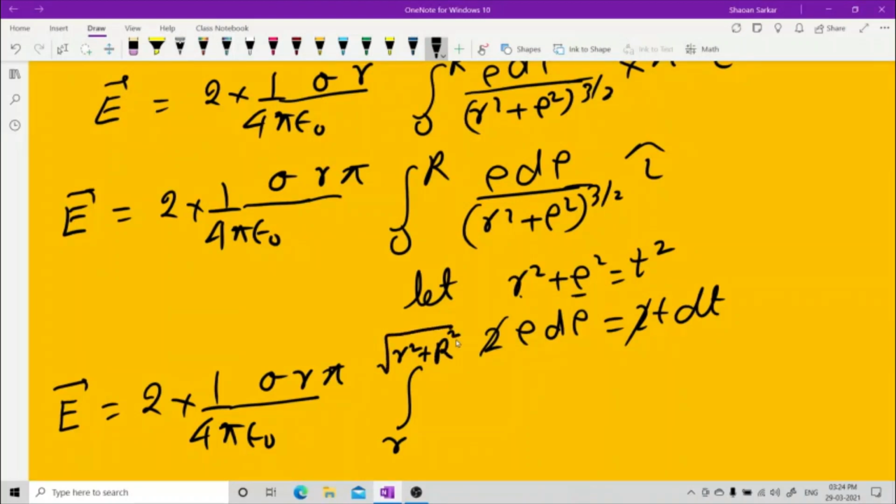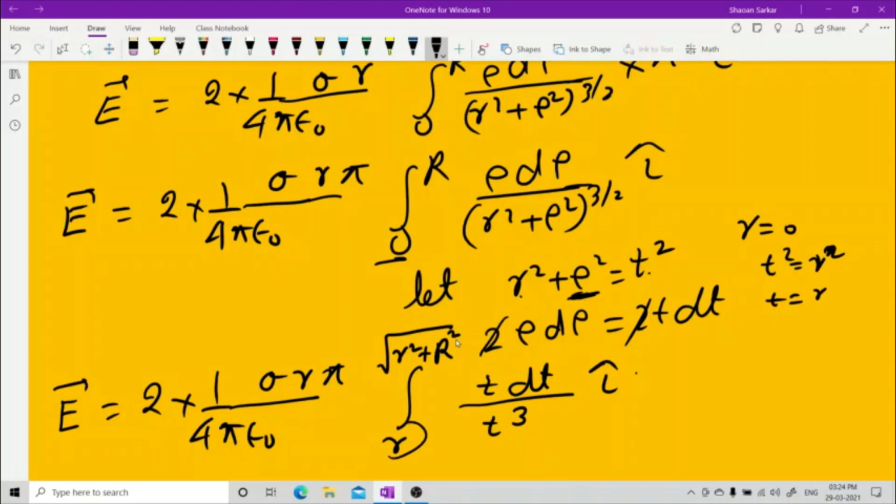And this will be t dt upon t cube i cap. I hope you understood. Put here 0. Then when rho is 0, t square equal to r square, so t is equal to r. So this r has come.